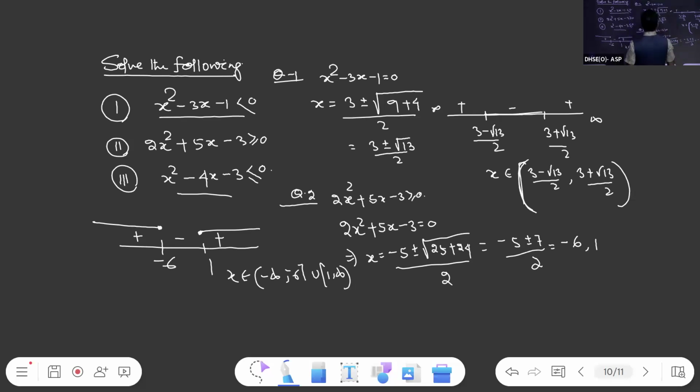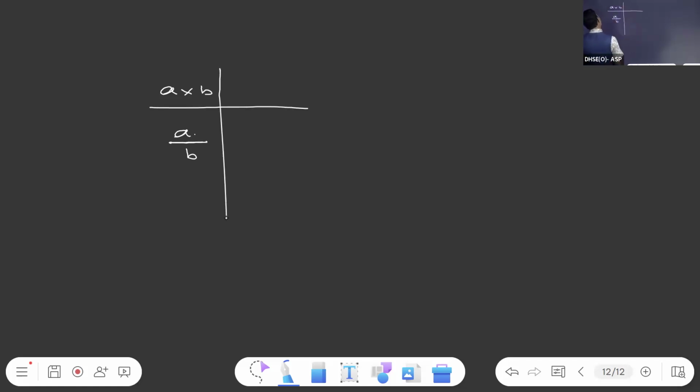Okay. Then come to solve rational inequality. You see, A into B and A upon B, the sign scheme for A into B and A upon B are the same.